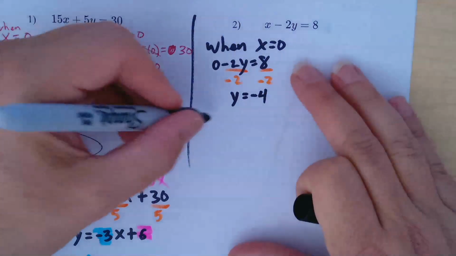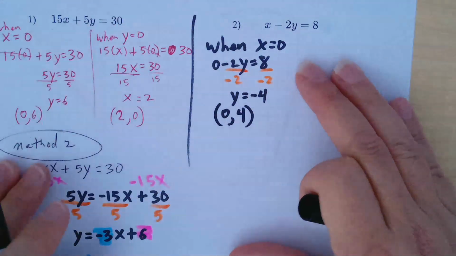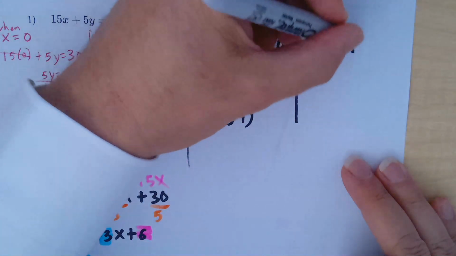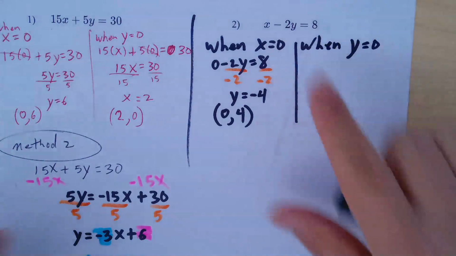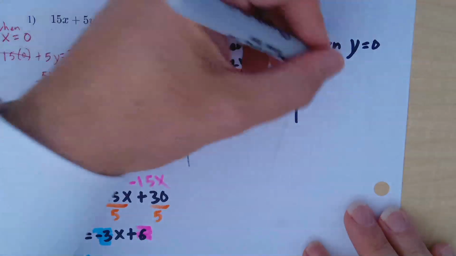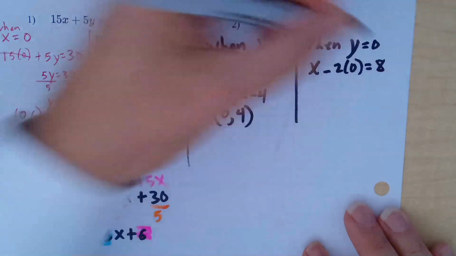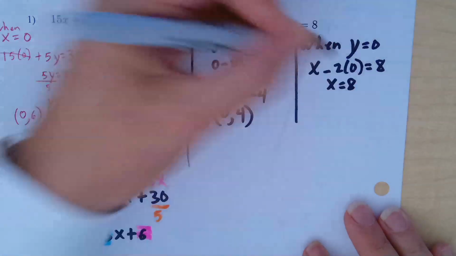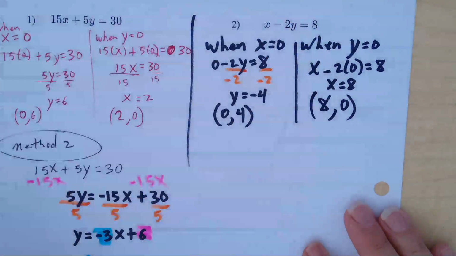So I'm going to have a point 0, 4. And then when y equals 0, I'm going to have x minus 2 times 0 equals 8. Well, that's really simple. I'm just going to have x equals 8. So now I've got the point 8, 0. And so I can plot those 2 points.